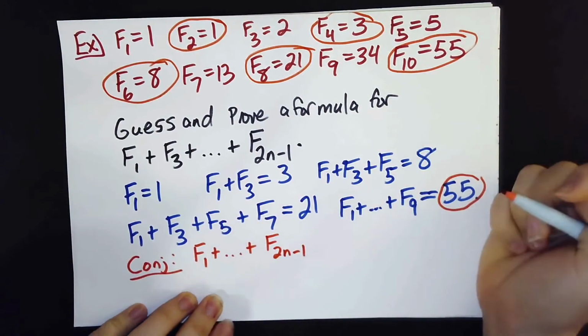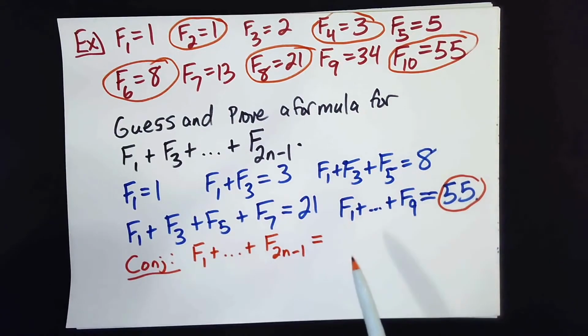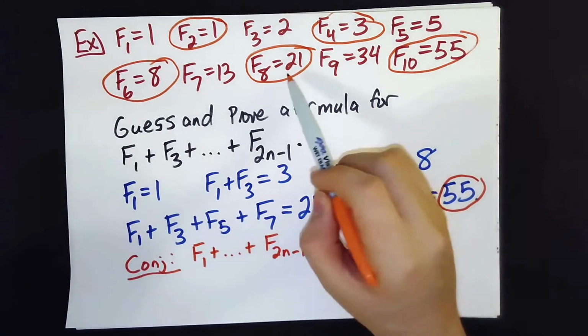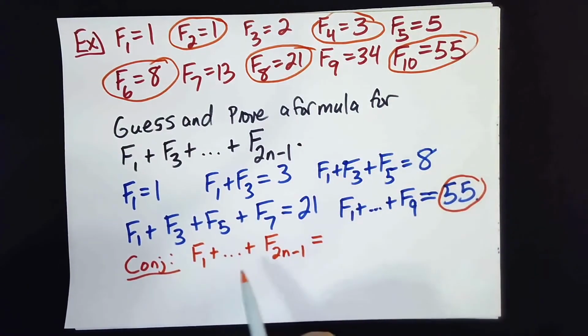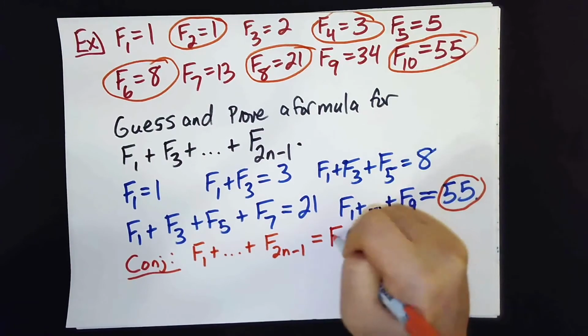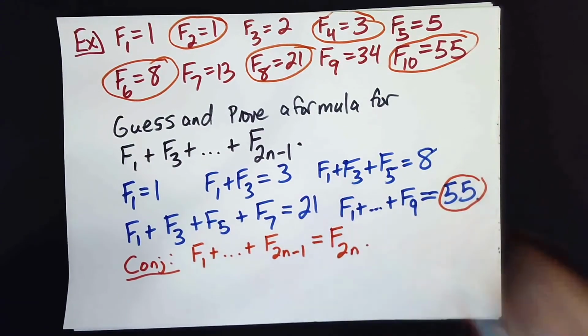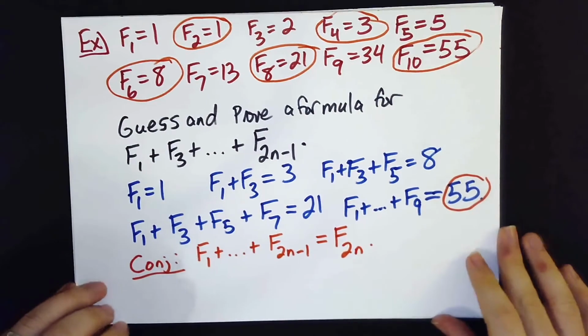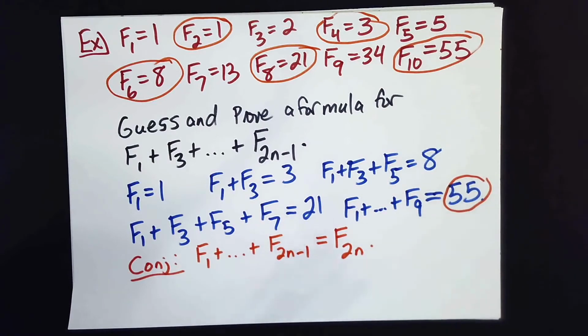And so here's where we have to pay close attention to the indexing. When I added up through F7, I ended up getting F8. So that must mean I'm guessing that this is F sub 2n. Now, I certainly don't have anywhere near enough data to claim that I've proven this statement. If anything, the paper that we read, Law of Small Numbers, should be enough to dissuade you from thinking that because something happened to work 5 times, that means it works forever.